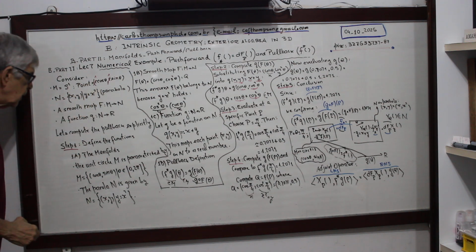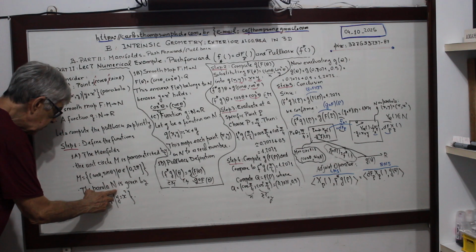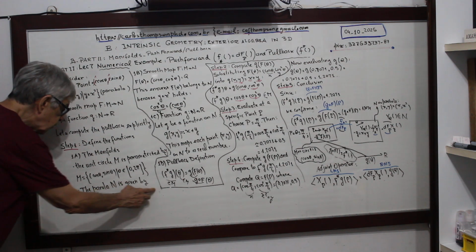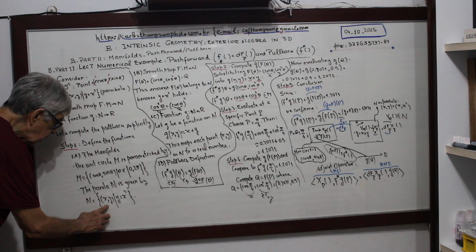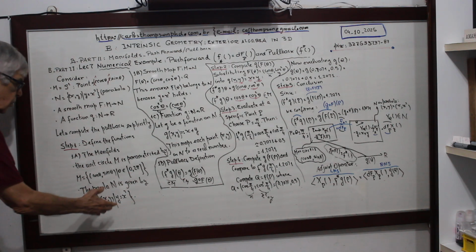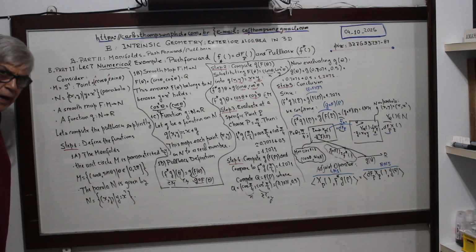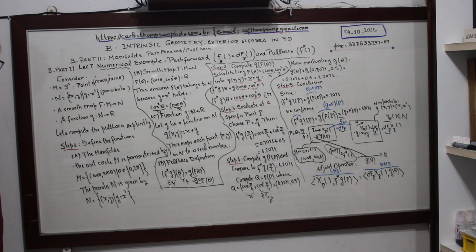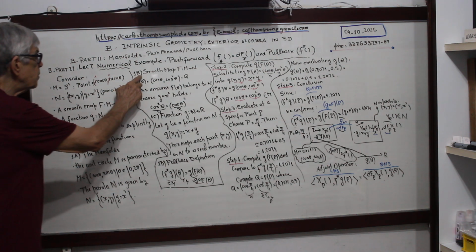Okay, this is theta. Now, the parabola, the manifold N, is given by the set of the pair x, y, such that y is equal to x squared. So this means a parabola on the Euclidean space R2. Now, 1A, now 1B.